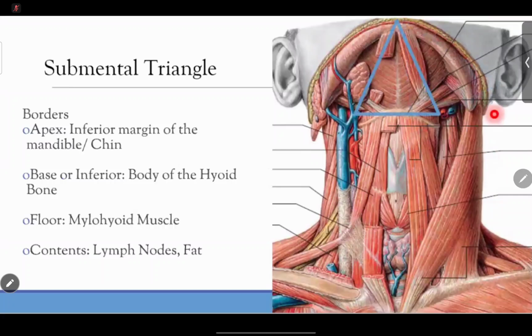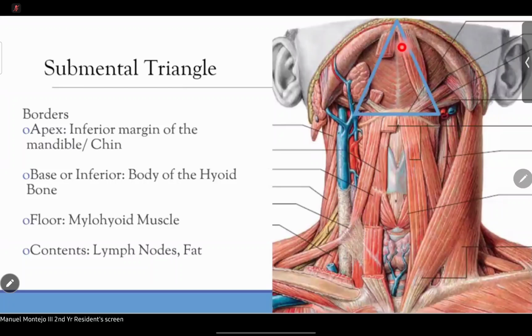So next would be your submental triangle. Its borders: the apex of the triangle would be formed by the mandible or the chin. The base would be the body of the hyoid. And then the floor, the same as the digastric, would be your mylohyoid muscle.